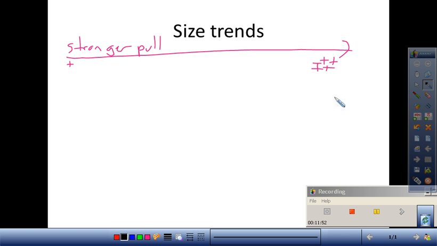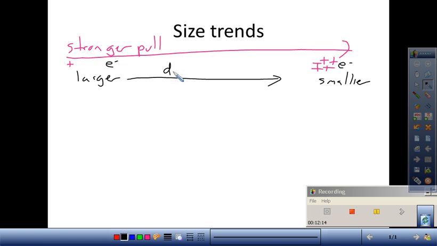So when my electron comes floating by, these 5 are going to pull it really close. When it walks by this guy, he's pretty weak. So my electron stays farther apart. Okay, so my size trend, actually this is larger and this is smaller. So my size decreases as I go across.